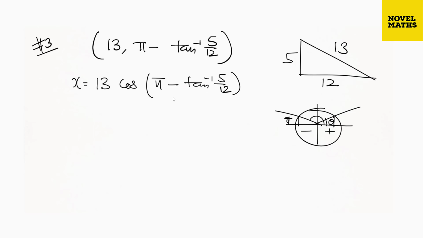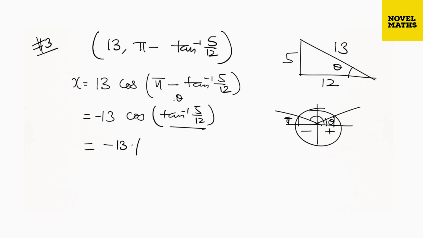So you can write this as negative 13 cos of tan inverse 5 over 12, or this is theta, right? Minus 13 cos theta, cos theta is base over hypotenuse, right? So negative 13 into 12 over 13, so that becomes negative 12. This is the x coordinate.